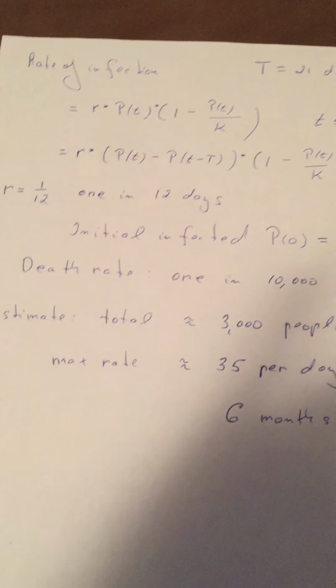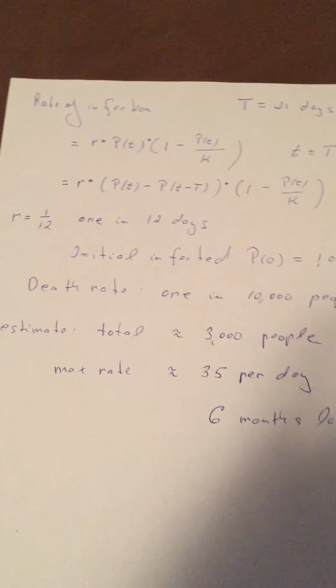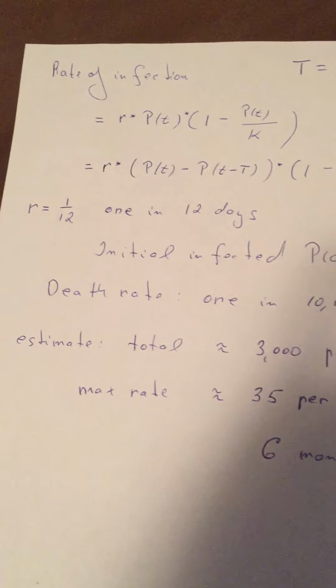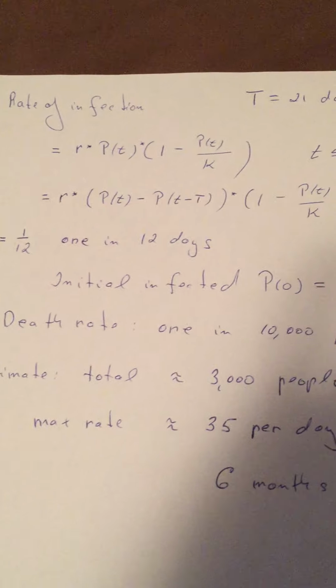If I can ask the camera person to kindly focus on the mathematics once again. If you have watched, and I encourage you to watch because it's really cool, the previous videos, we had a model for the spread of COVID-19 in Canada or anywhere in the world.